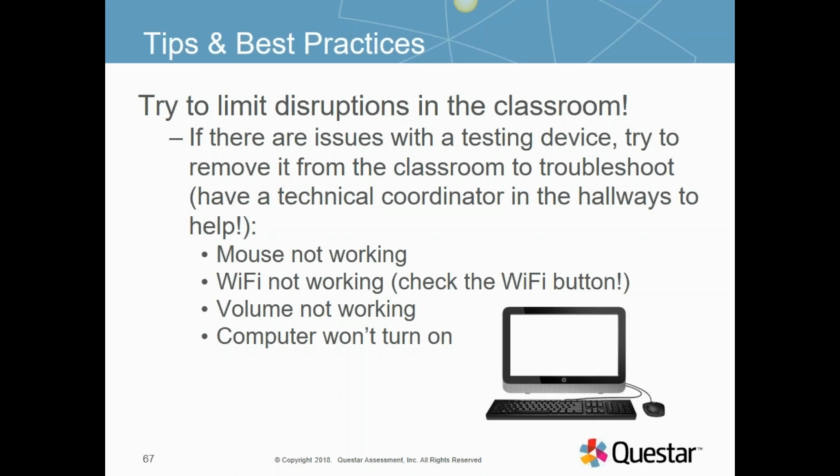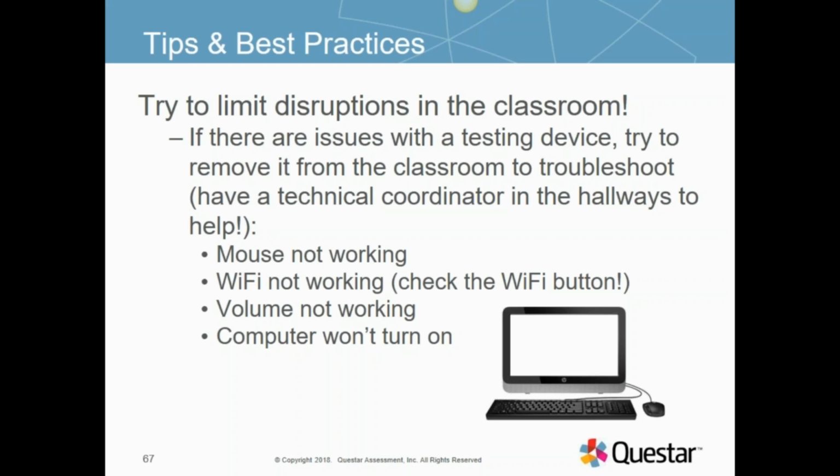So what we offer is that if there are issues with a testing device, try to remove it from the classroom. Have the proctor walk it to the door. Hopefully there are tech folks in the hallways on hand, which we have heard from every school that tested on CBT last year. They had technical colleagues on hand in cases such as a mouse not working, or maybe the Wi-Fi is not working.